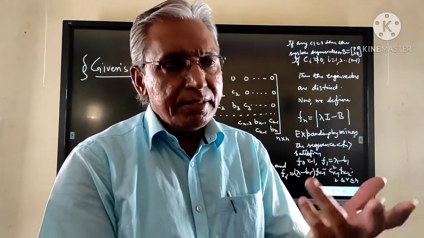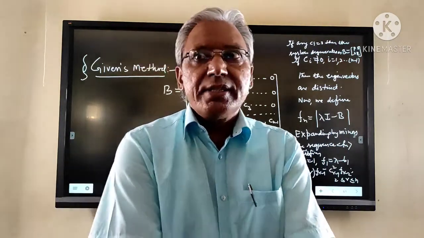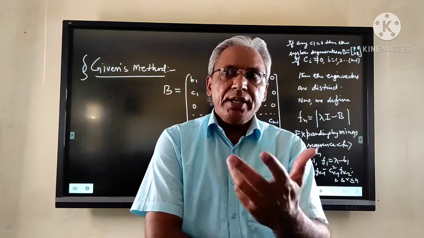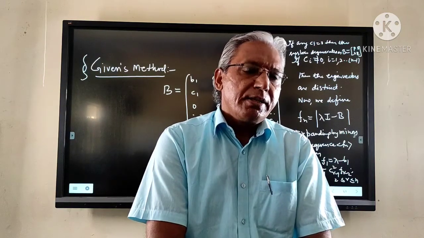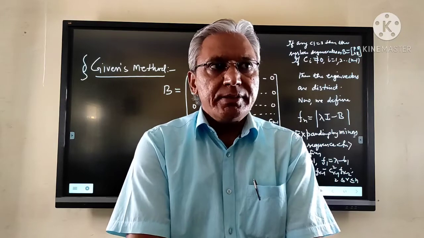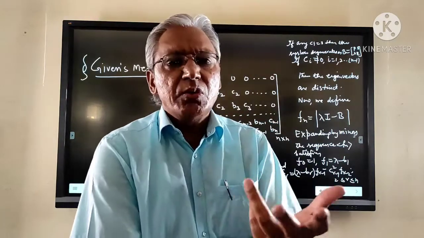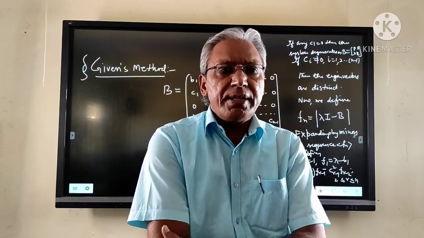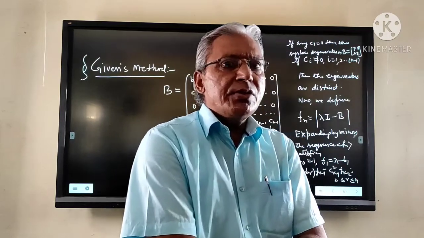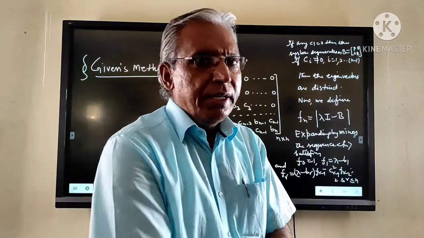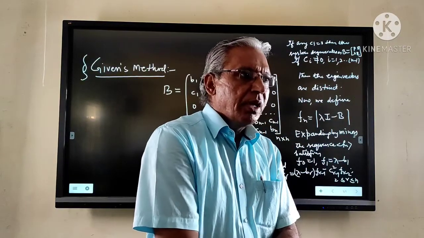In part second, we discussed how a given real symmetric matrix can be reduced into a tridiagonal form.